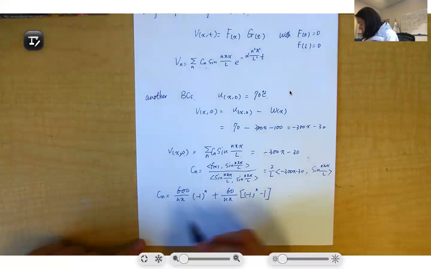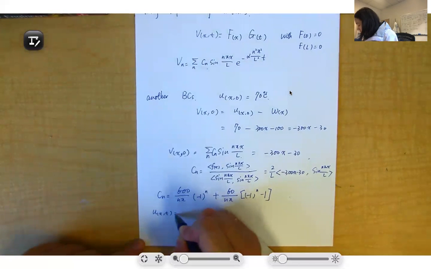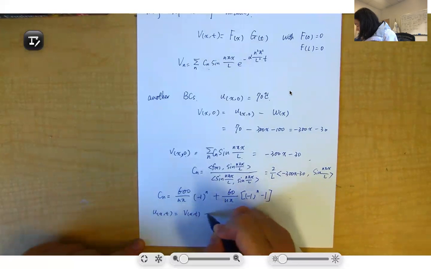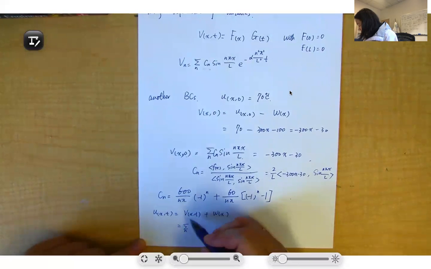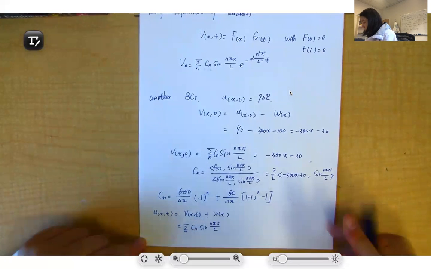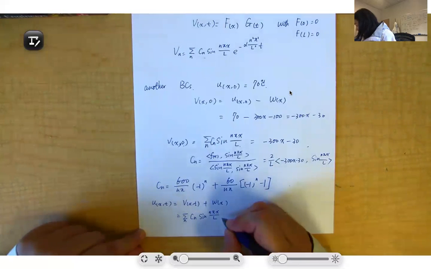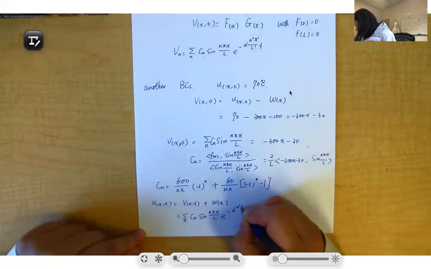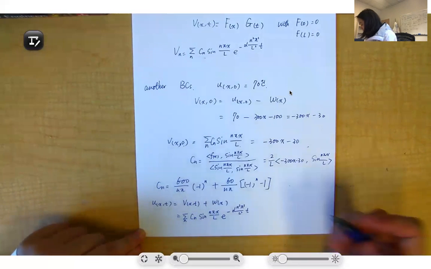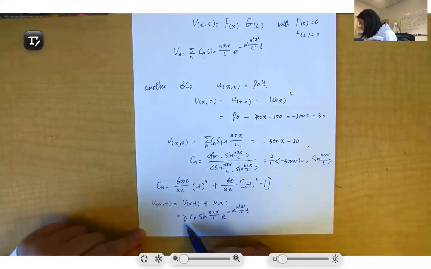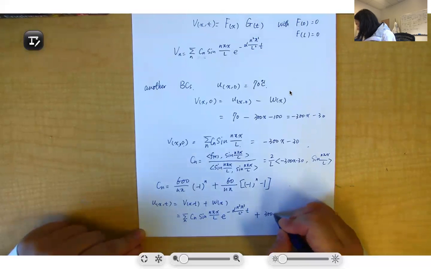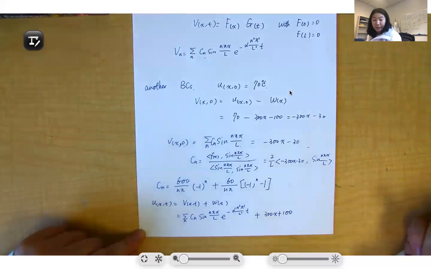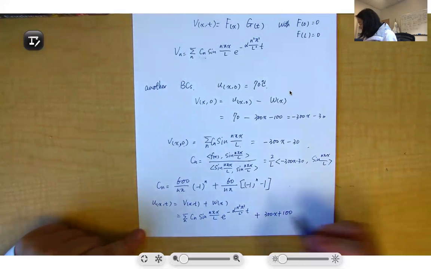Then we know the final U(x,t) will be equal to V(x,t) plus W(x), where V(x,t) is the sum of Cn times sine(n pi x over L) e to the minus alpha n squared pi squared over L squared t, and W(x) is 300x plus 100, the steady state temperature distribution.